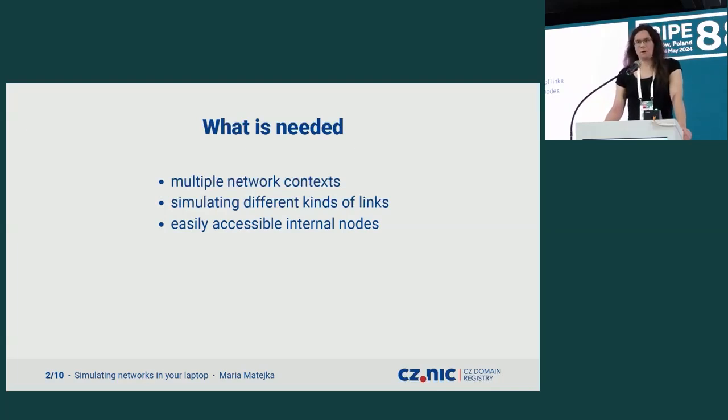And we want to have it easily accessible, which is, by the way, one of the problems with containers, because they are too isolated. I want to see inside the nodes. This is all that I need.